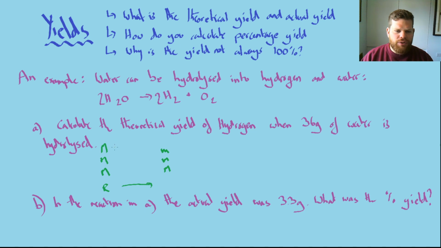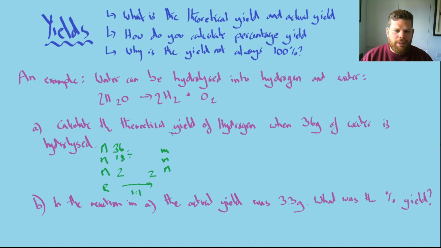So our mass of water is 36. The Mr of water, which we can work out as 1 times 2 plus 16, is 18. We're going downwards, so remember we divide. So therefore this is going to be a 2. I then look at my ratios, which is big numbers in front of things. So I've got 2 to 2, so that means it's a 1 to 1 ratio. We have 2 moles of hydrogen being made.